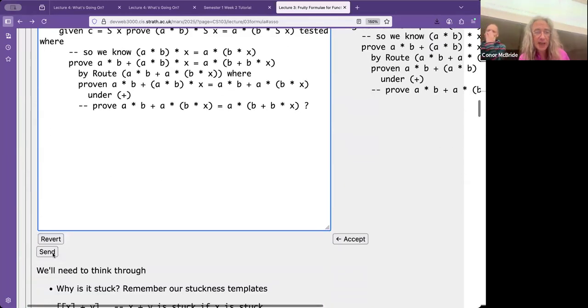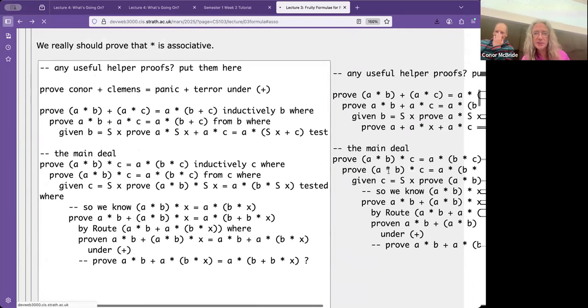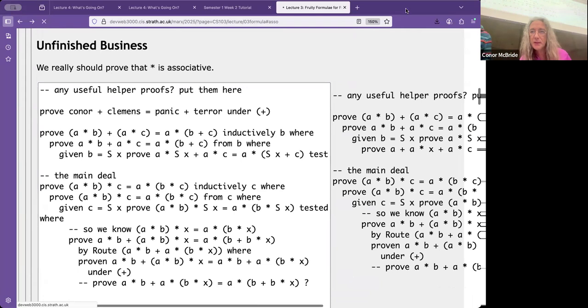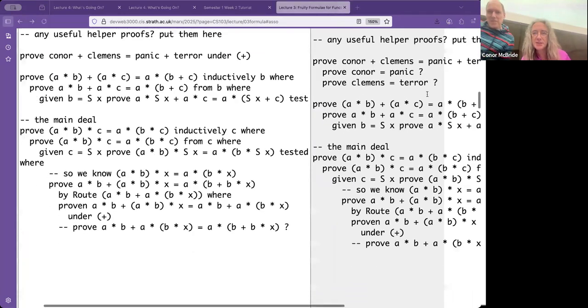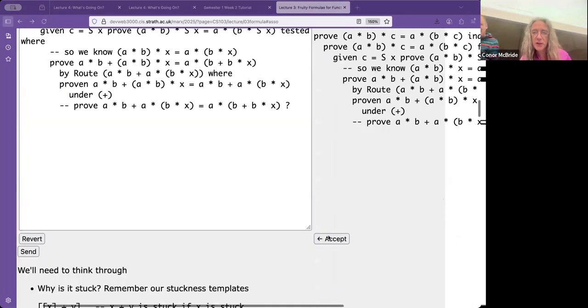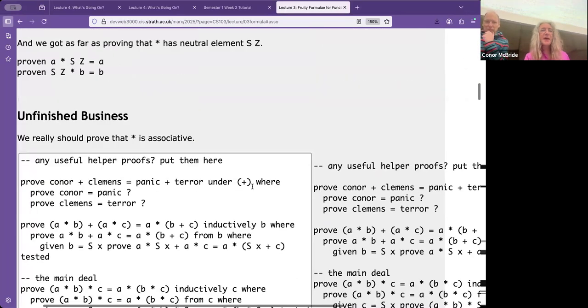And I hit send, then after an interminable delay, something will happen. Yes, you see what comes back is that we make progress by proving Connor is panic and Clemens is terror. So what we're saying is the explanation for why these two uses of plus give us equal outputs is that we're giving them equal inputs.